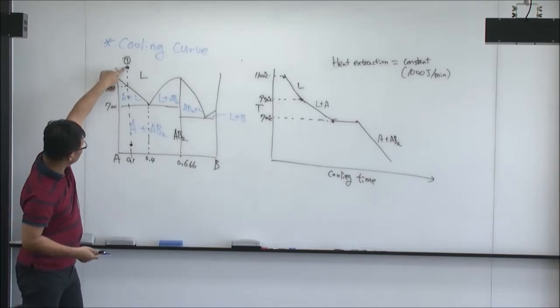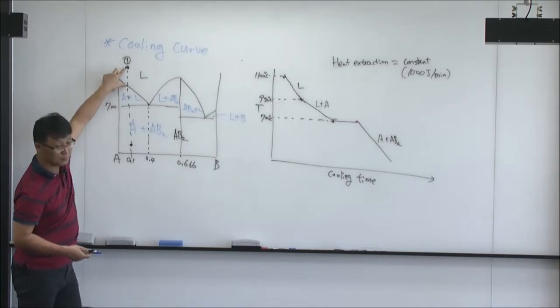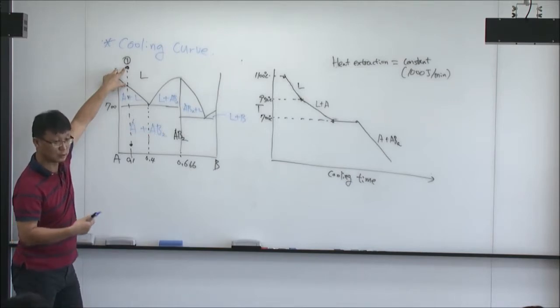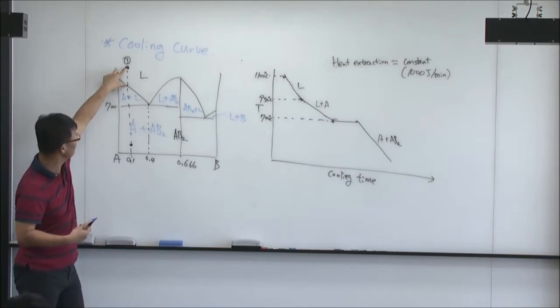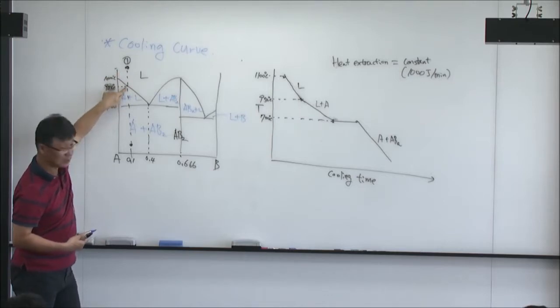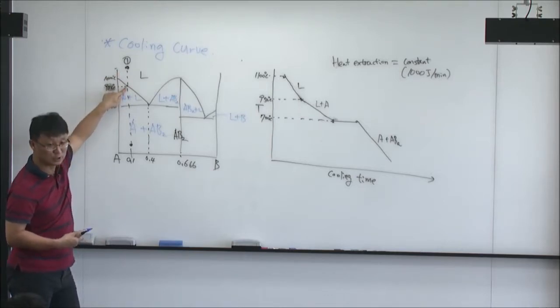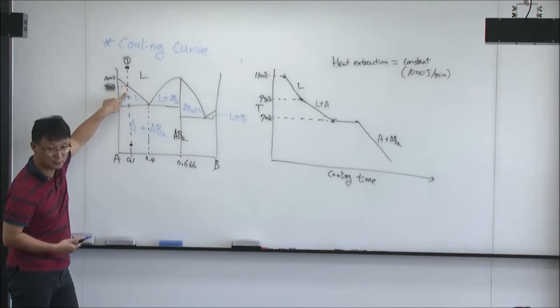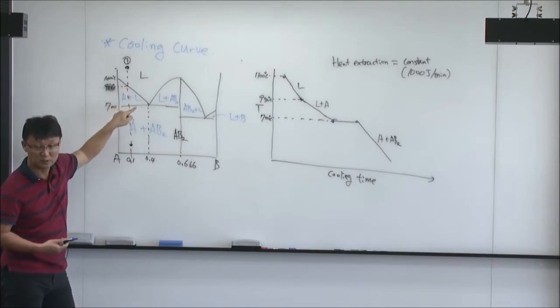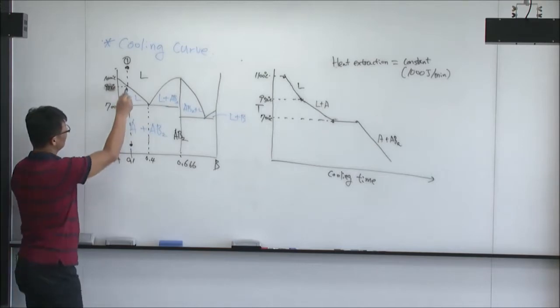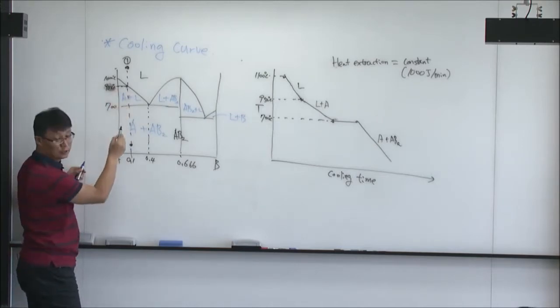When you have liquid only, it's only the enthalpy change of the liquid phase, so its temperature continuously decreases as heat is taken out. Then at this point your solid is 0 amount, and the solid amount keeps increasing with the decreasing temperature. From the lever rule, at this point solid is 0 and liquid is 100%.